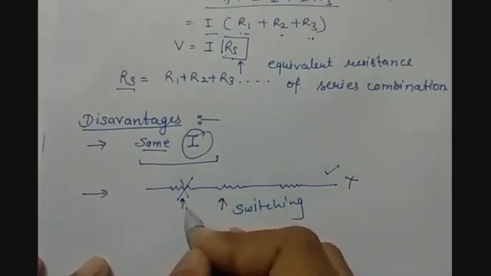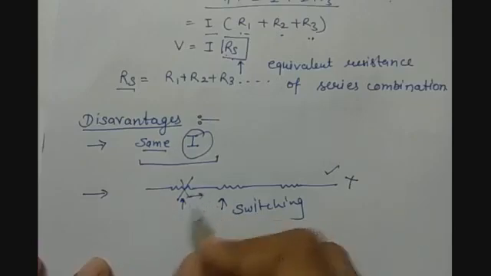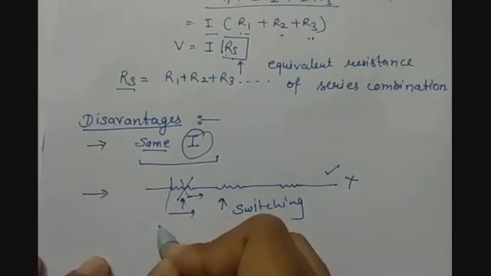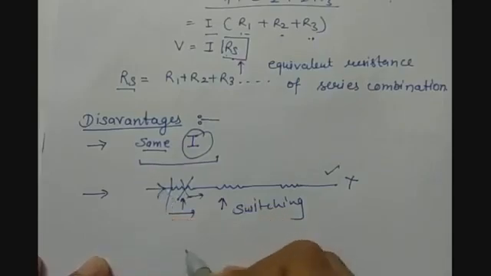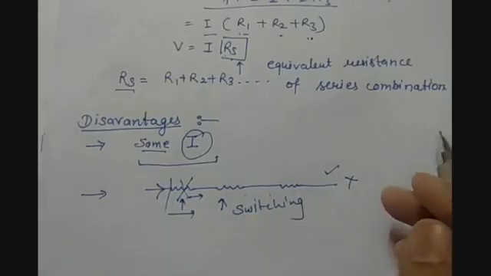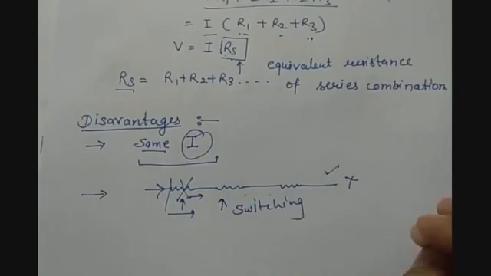Now the circuit is open as this appliance is not working, so the current will not flow beyond this point. The current will flow only till here, and if no current is flowing through these electrical appliances, they will not work. So these were some of the disadvantages of series combination of resistors.